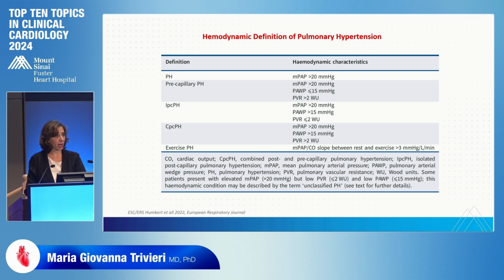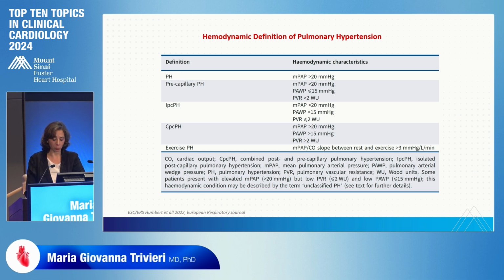And then once we have a patient who meets this criteria, we need to distinguish whether the patient has isolated precapillary pulmonary hypertension or isolated postcapillary pulmonary hypertension, and whether or not there is a combination of precapillary and postcapillary. And it is important to know that because we have specific therapies that go with each of the specific conditions.